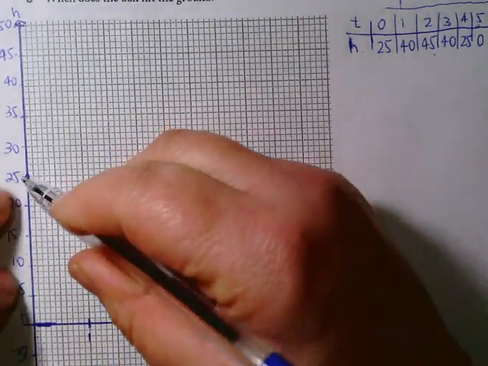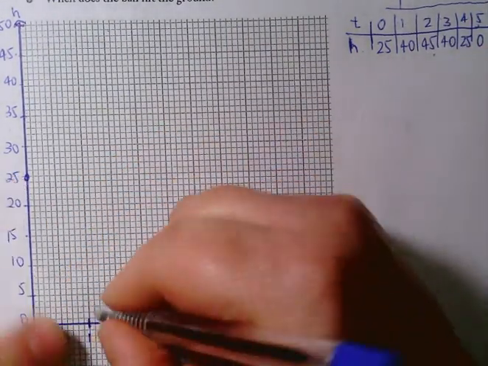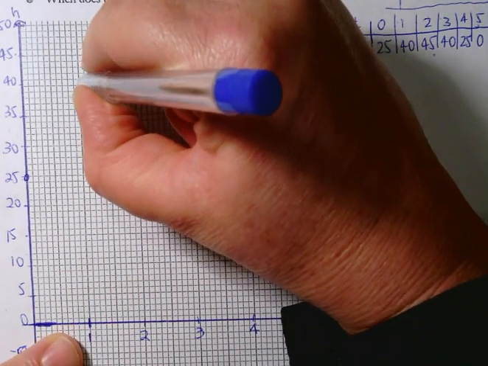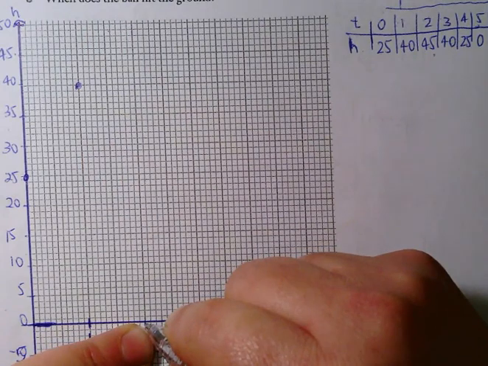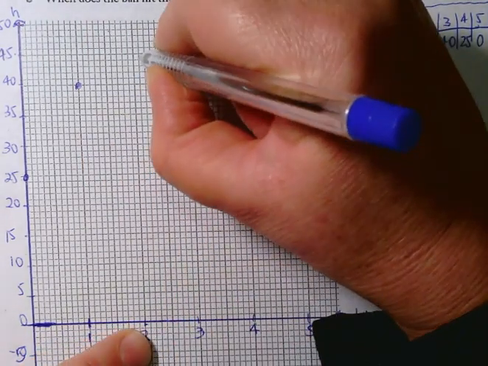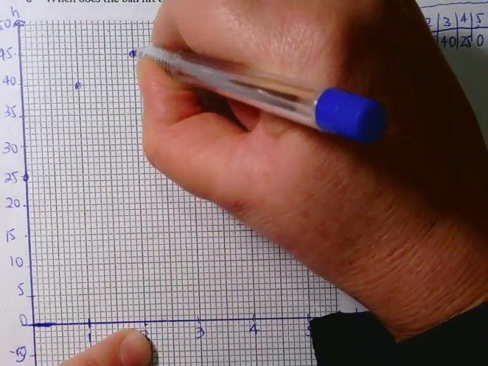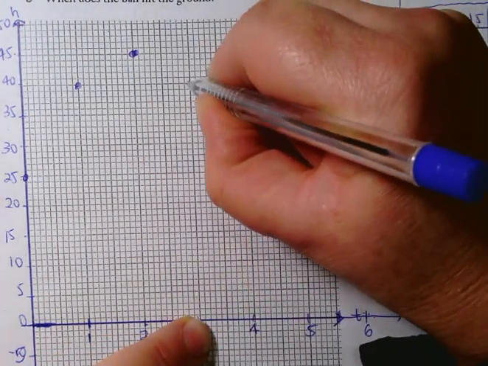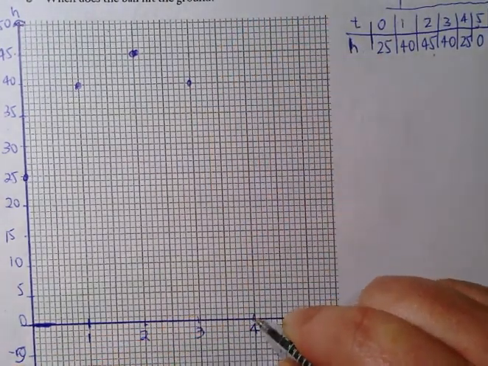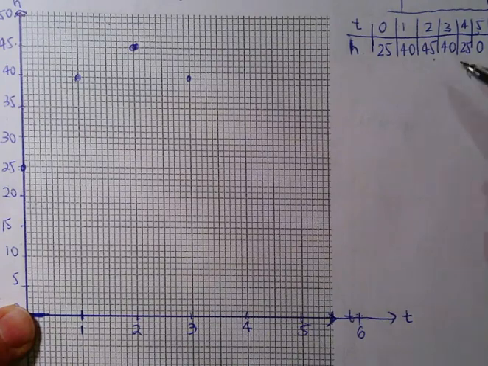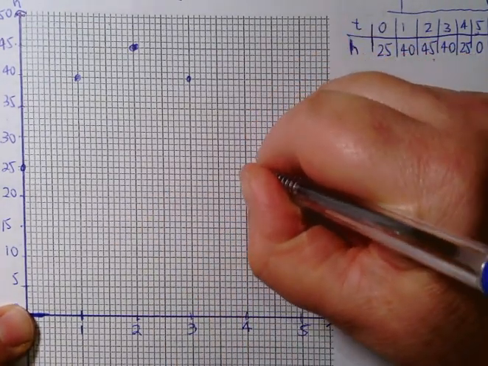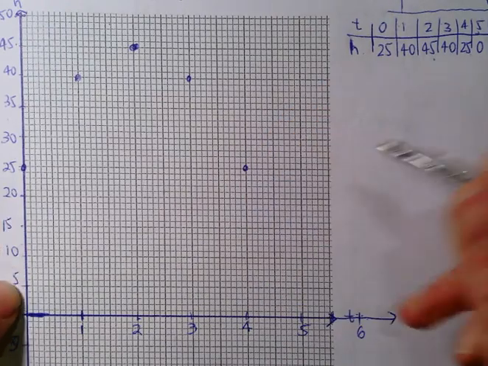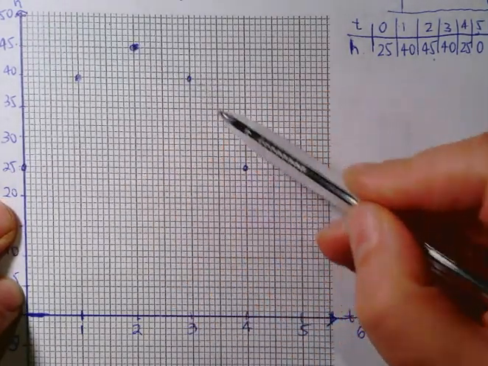So when time is 0, height is 25. When time is 1, height is 40. When time is 2 seconds, height is 45. When time is 3 seconds, height is 40. When the time is 4 seconds, height is 25. Now we're back to, so this is completely symmetrical here.